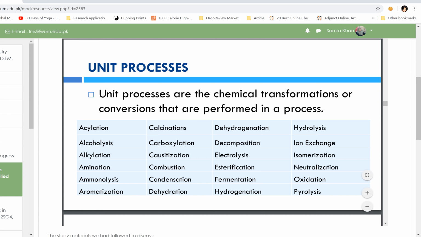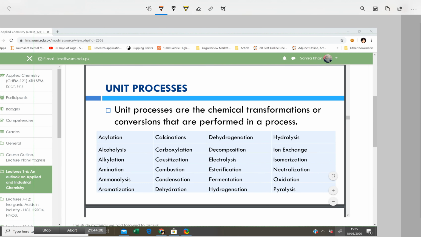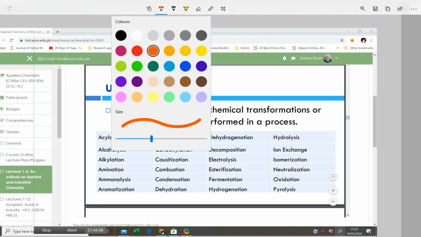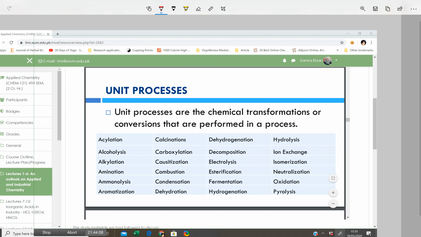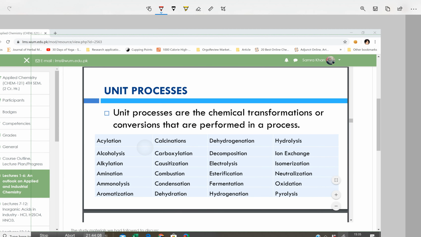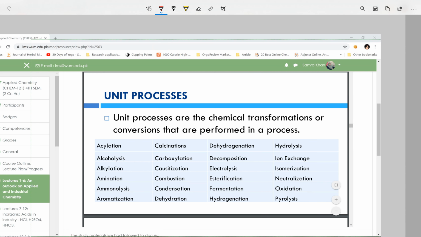I just want to take a quick look and use my full screen snip and write out the acylation process. Let's try to use red. I am not sure why it's not working for me here today, but okay, let's try to use the whiteboard.